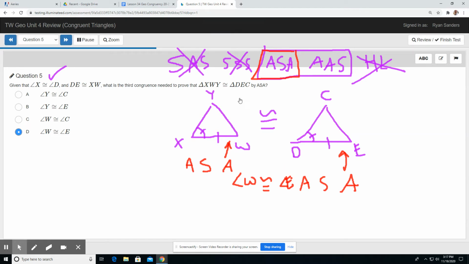And if we did AAS, angle angle side, let me switch my colors again. Let's do like a light blue.